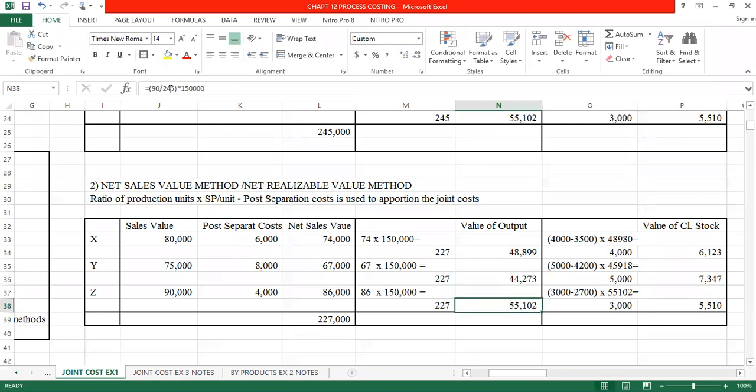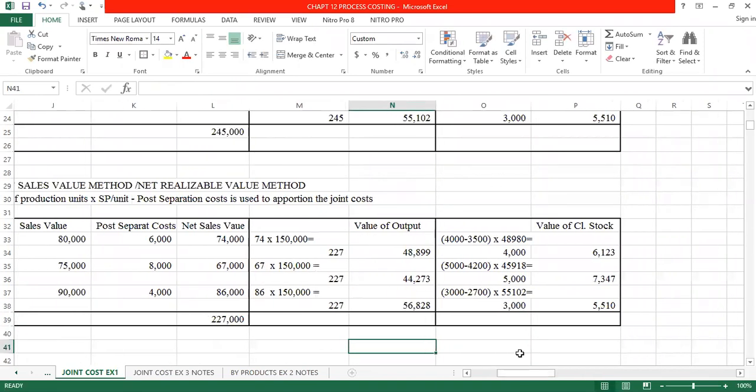And this one is 86 divided by 227. 227 is giving you 56. So that gives you the value of output.